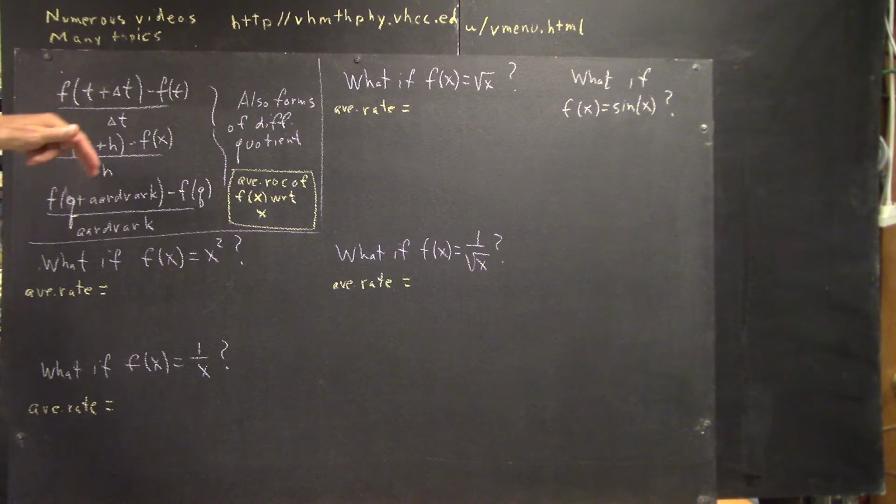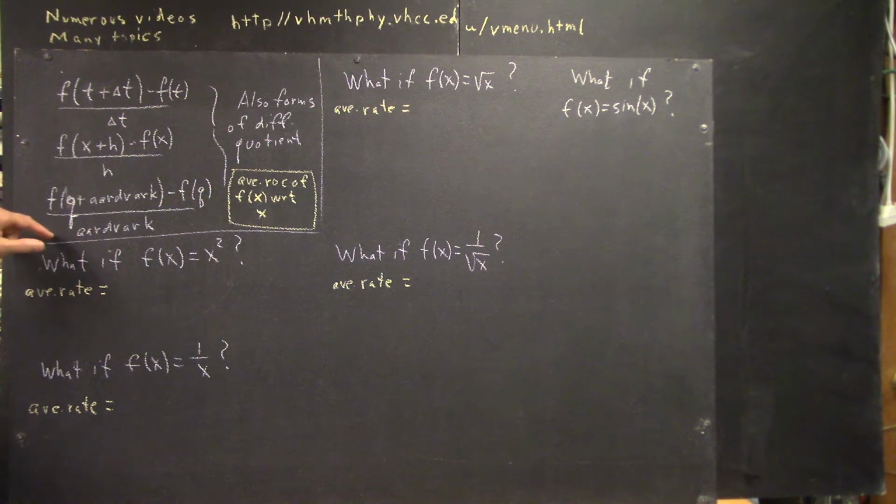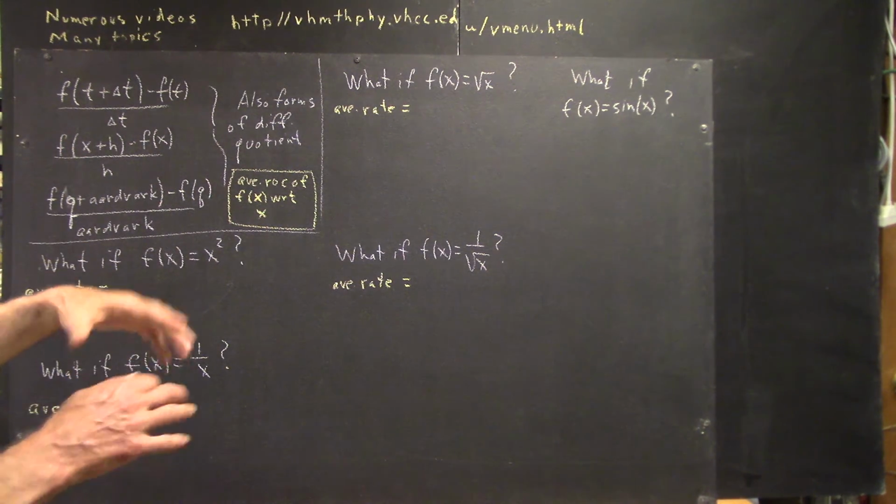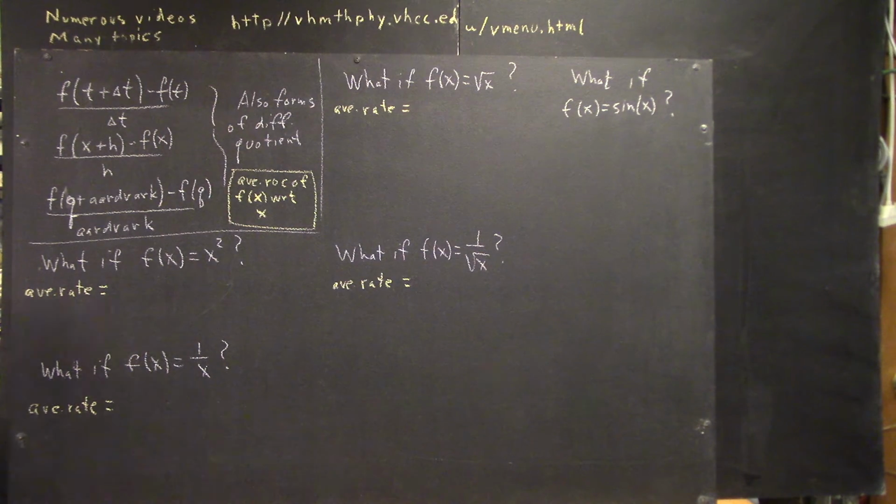You could write f of q plus aardvark minus f of q over aardvark, and that would be a perfectly valid difference quotient. Now, I don't know what aardvark stands for. It's going to stand for a change in your q variable. It's not going to stand for that animal that eats ants. Okay, so these are just different possible forms of your difference quotient.